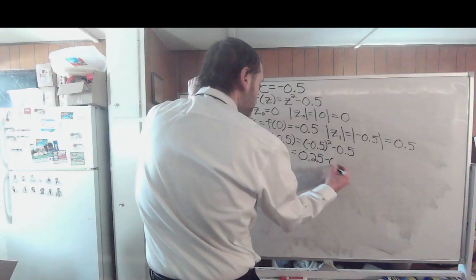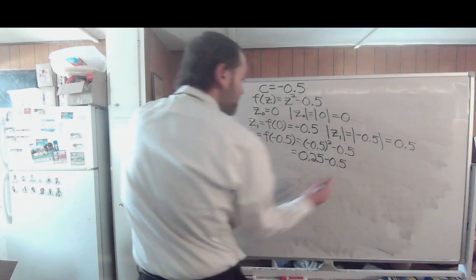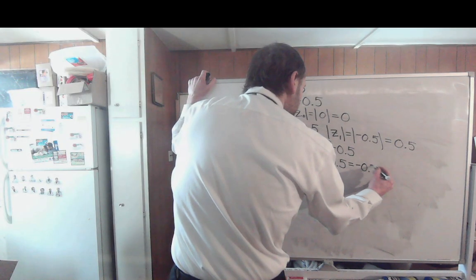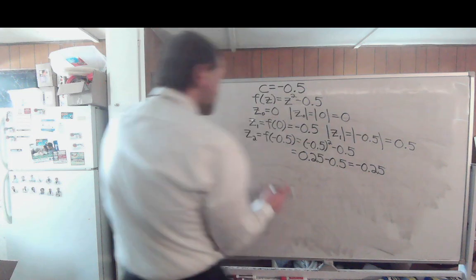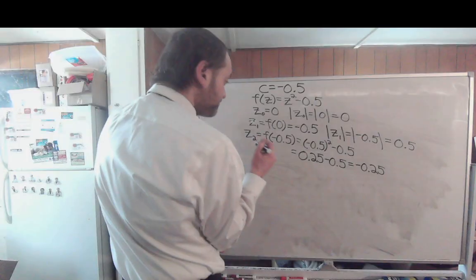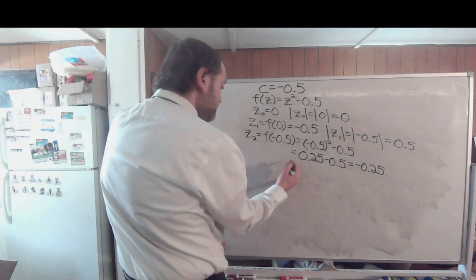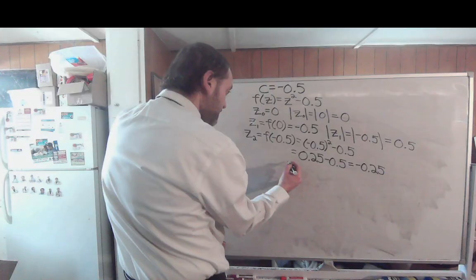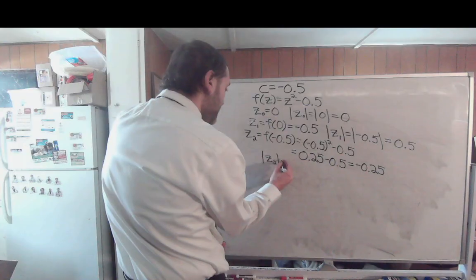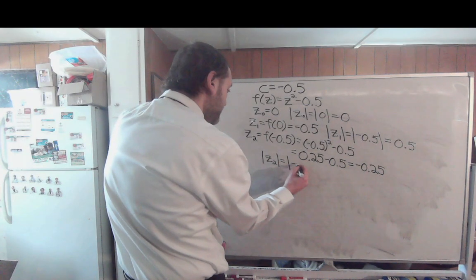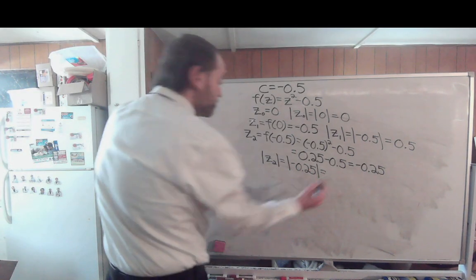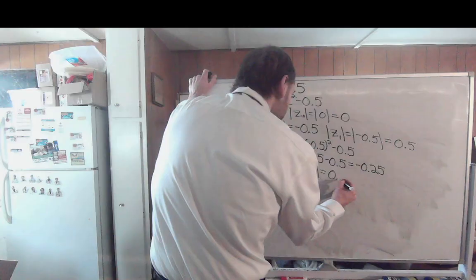Then minus 0.5. That would turn into negative 0.25. So z sub 2 is negative 0.25. So to find the absolute value of z sub 2, you're going to have the absolute value of negative 0.25, which would end up being positive 0.25.